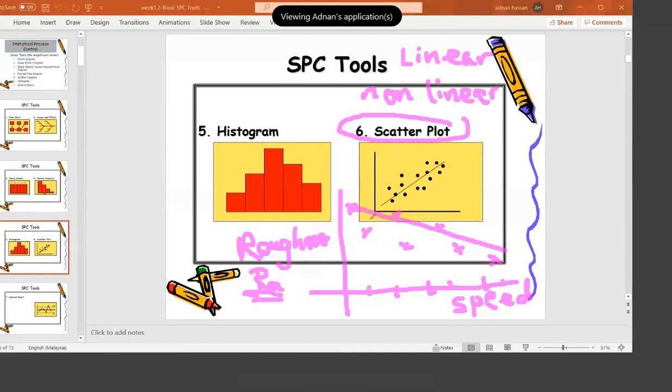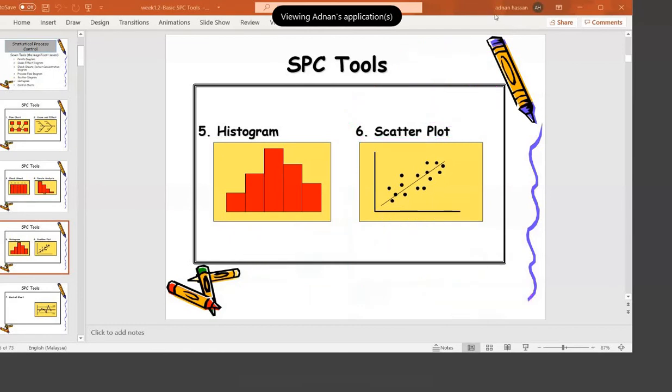The line might not be like this, you might get a line like this. So this is why we have to test the shape of the relationship. For now we just assume a simple relationship with a straight line, but you may have a relationship like this.